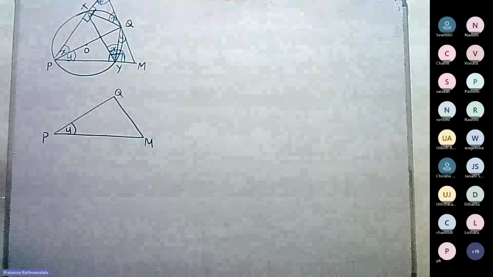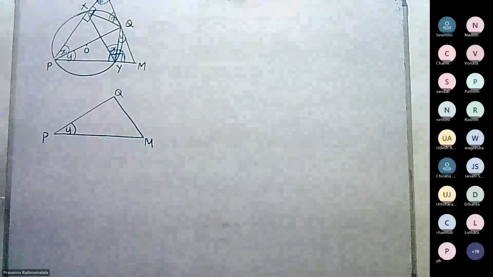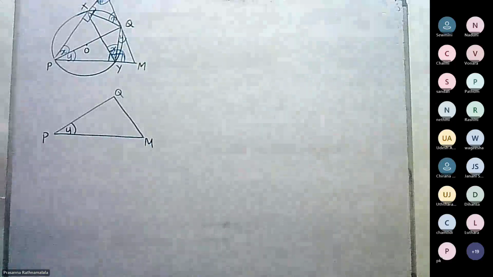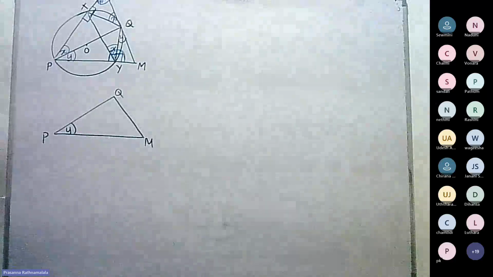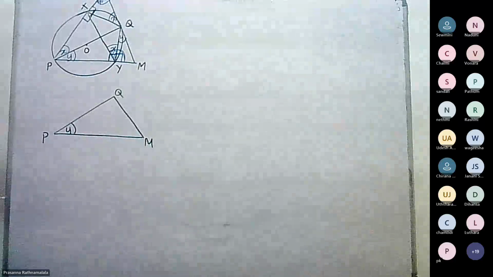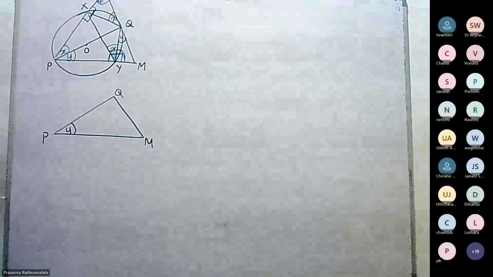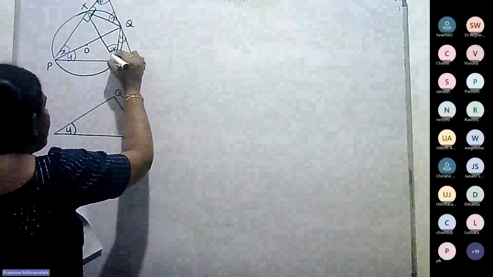Then we use only the two. No, PQM. This is not the angle. That is not the right one.